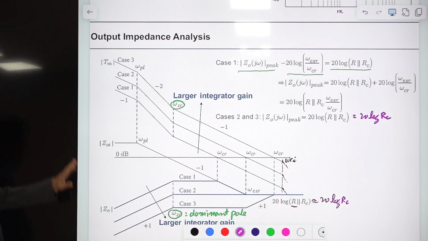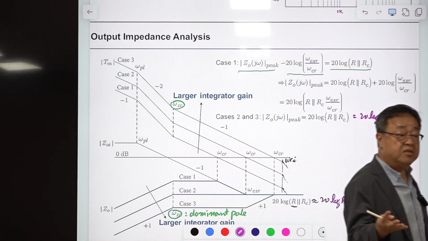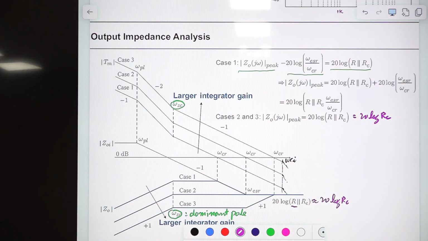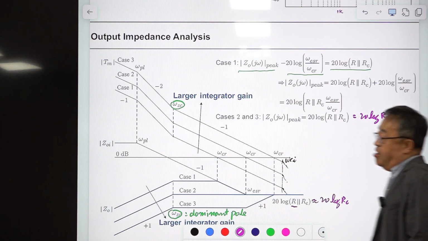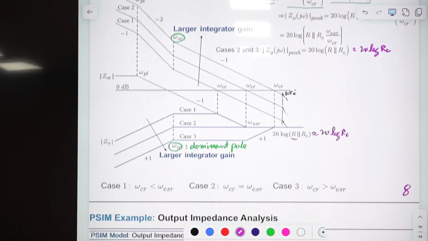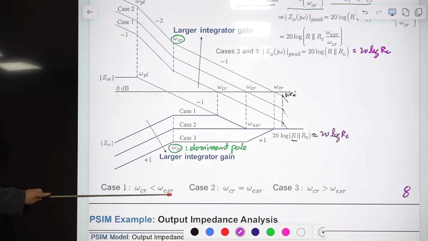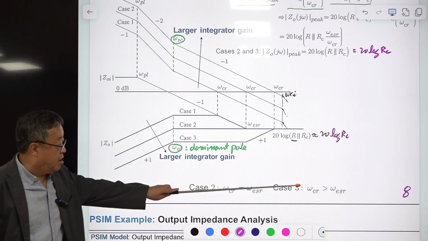Okay, so we know all the maximum values and the corner frequencies, because the maximum value of output impedance and the dominant pole of output impedance are the two important parameters to evaluate the transient response due to the step change in the load current. Okay, so we have three different cases. This is case 1, this is case 2, case 3.